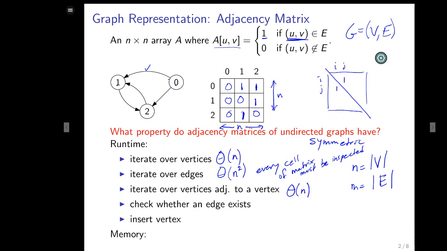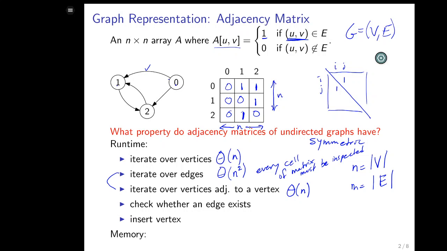Even if that vertex doesn't have any neighbors, I have to look at all of the n cells of the row to know that. So these two things are the bad properties of the adjacency matrix. Iterating over adjacent things and iterating over edges is difficult, or slow.